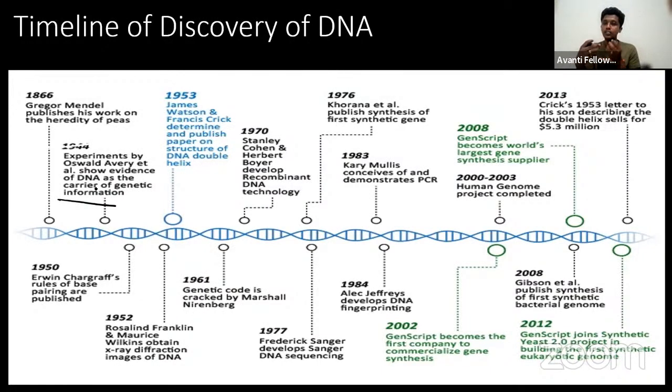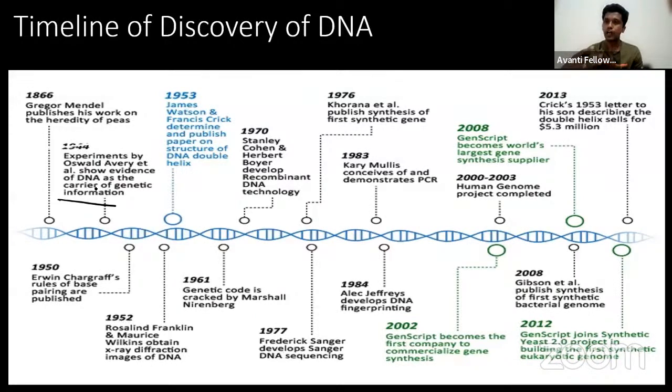It was not just Oswald's idea. Before Oswald, there was another scientist called Griffith, who performed transformation experiments. We will talk about it. Griffith's experiment gave Oswald the idea to try to prove which molecule is responsible for the genetic material. So he proves that DNA is the genetic material.